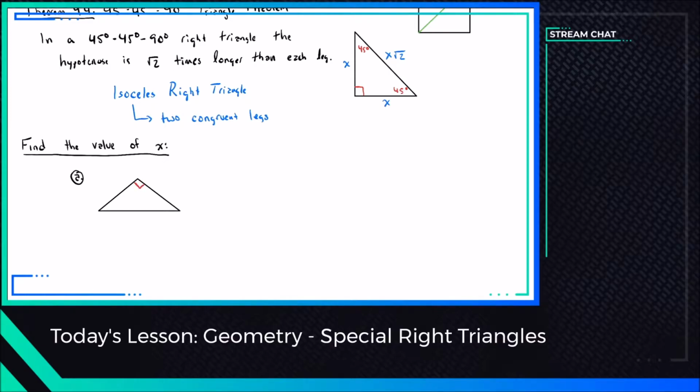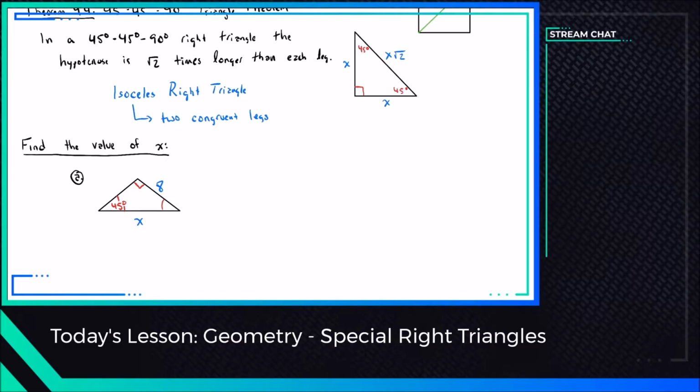But we can tell it's a 45, 45, 90 right triangle if we just know one of the angle measurements, right? If this angle right here is 45 degrees, then this angle over here has to be 45 degrees because a triangle has to add up to 180 degrees. And so if I say this leg over here coming off the right angle is a length of 8, I want to find the hypotenuse length, x.